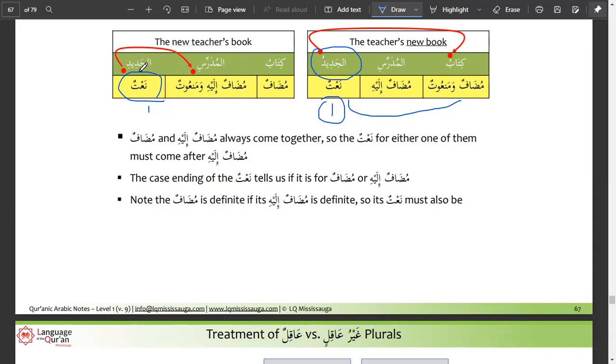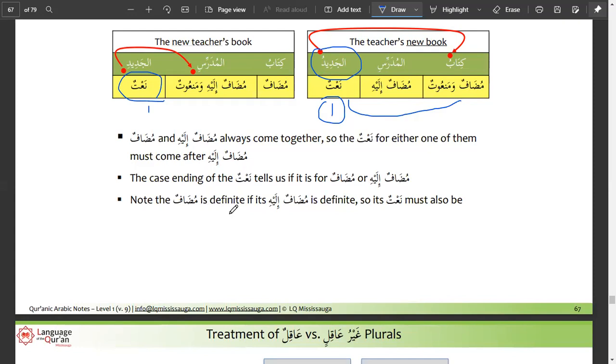Both have the alif lam, both have the kasra ending. So the naat is for the mudaf ilay. Here kitabu, and here al-jadidu, the ending is marfoo, so it is the naat and kitab is man'ut.